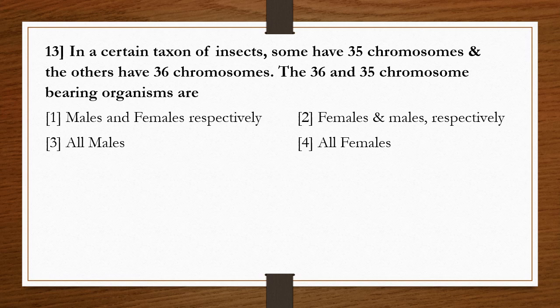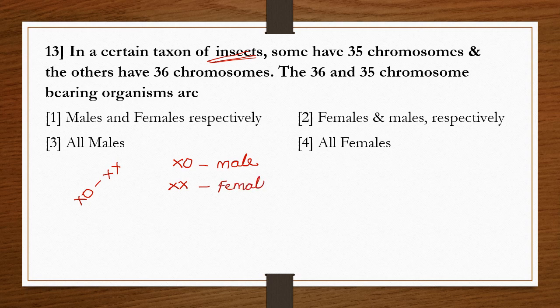In a certain taxon of insects. So we have already studied that the sex determination type in insects is XO, XX type. That means XO is the male, and XX is the female.